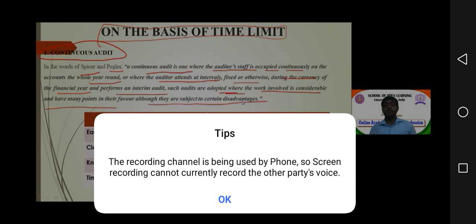Now, who is actually conducting this? With respect to the continuous audit, I would say those institutions that are engaged in activities whereby thousands and thousands of transactions are happening throughout the year.